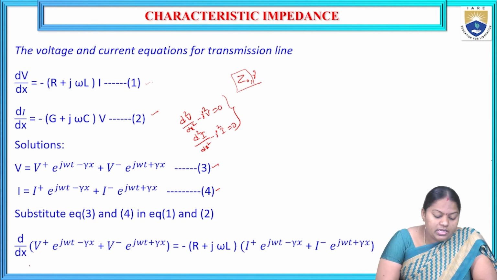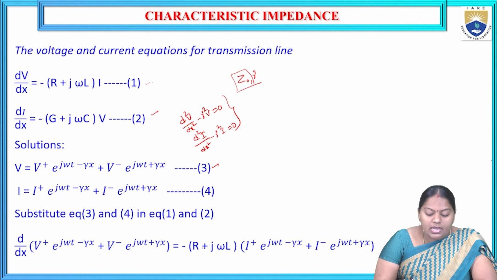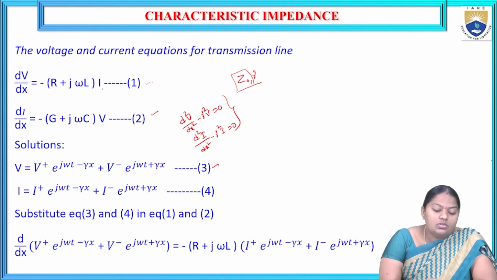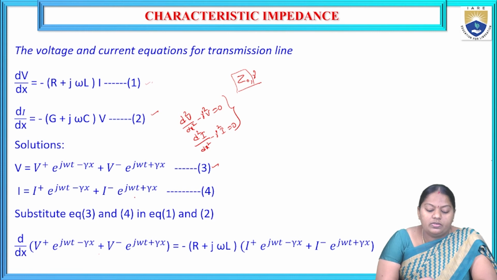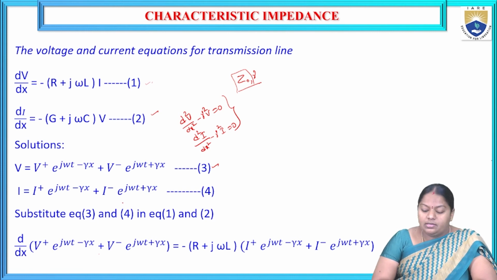Then dV/dx is nothing but V plus e^(jωt − γx) plus V minus e^(jωt + γx), equal to minus of (R + jωL) into I, right? So I is nothing but I plus e^(jωt − γx) plus I minus e^(jωt + γx).